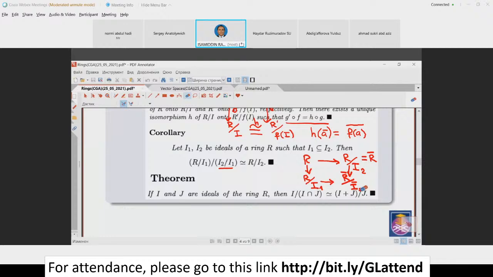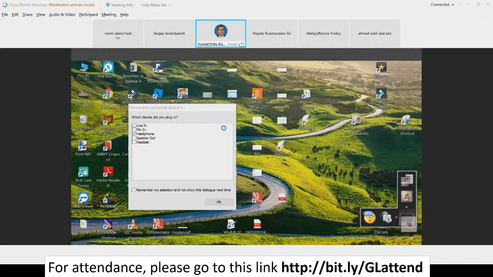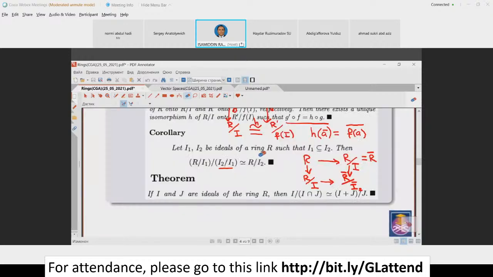So exactly from this, choosing which one is R and which one is R prime, you can easily see this isomorphism. Okay, so let me write here 1, 2 here, and here also must be 1.